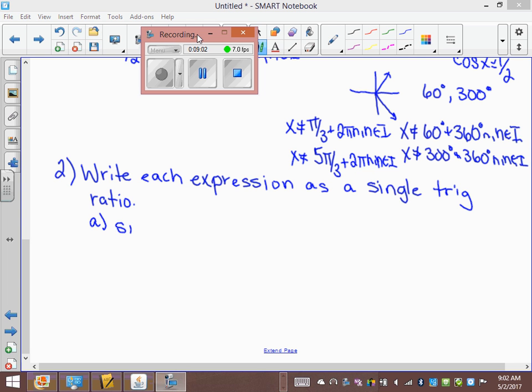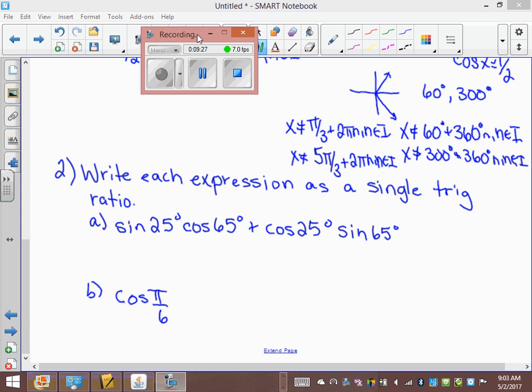A, sine 25 degrees, cos 65 degrees, plus cos 25, sine 65 degrees. B is cos pi over 6, cos pi over 12, minus sine pi over 6, sine pi over 12.